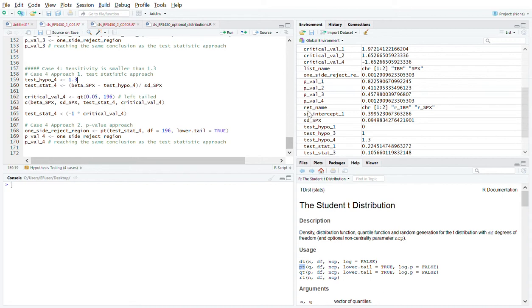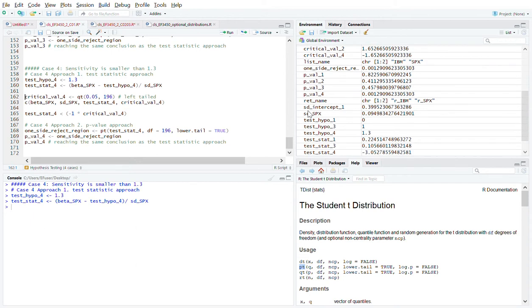And that's by having the test hypothesis value equal to 1.3 and then calculating the test statistic, and we can compute the critical value using the quantile function of the t distribution. The quantile function is given by q, and then the t distribution t, and then the first argument is the probability, and because we're testing at the 5% significance level, right?